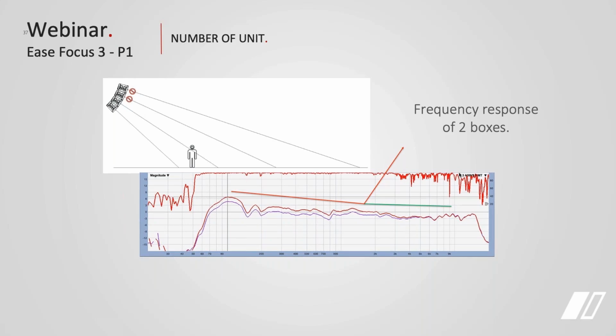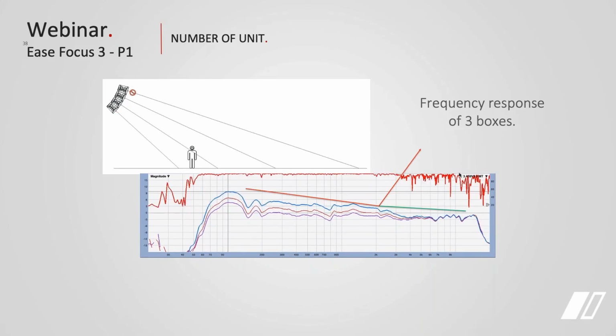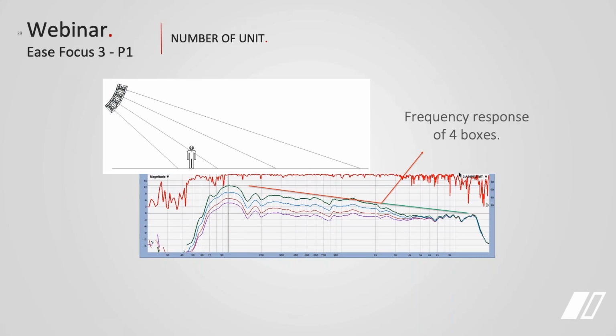If I add another box, we've almost doubled that again, and with the 4th box we tend to double it again. So we just keep summing up all those low mid frequencies, but our high frequencies stay the same.